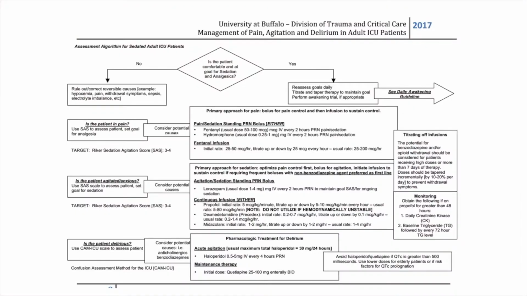So what we're going to show you is what we currently have at ECMC for our protocol, if you will, for the management of pain and sedation for our patients, which may be slightly different at your facility, but certainly it follows the same ideas.